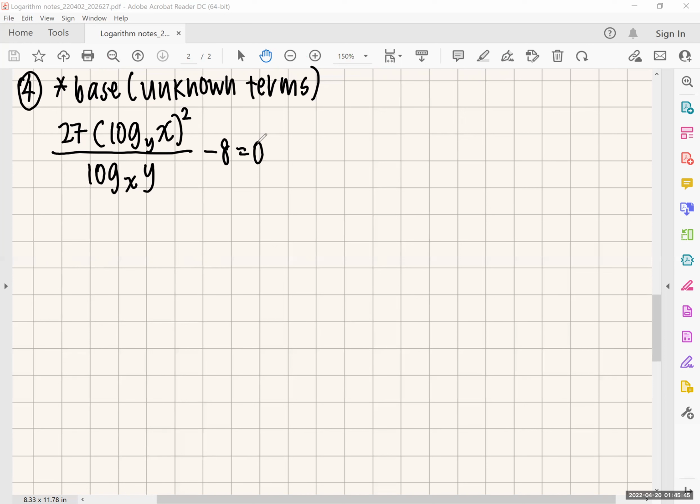And then they say that, hey, express x as a power of y. Okay, so the base is unknown terms because can you see the base? They are all unknown terms, unlike question number 3, whereby the bases are constant terms. So how do we go about doing that?